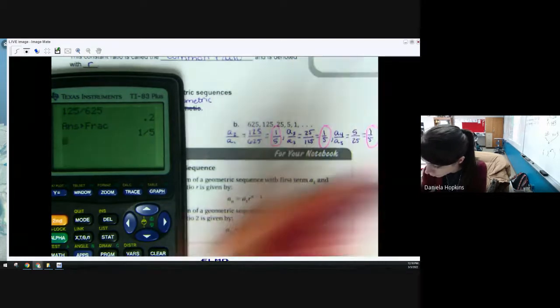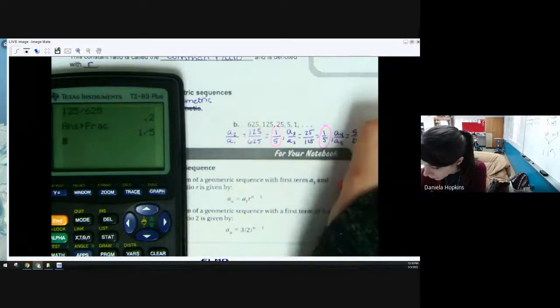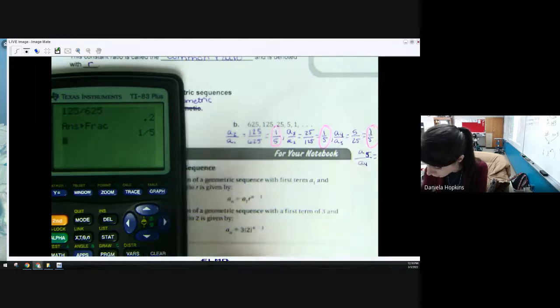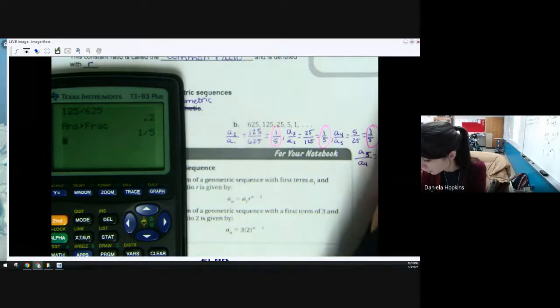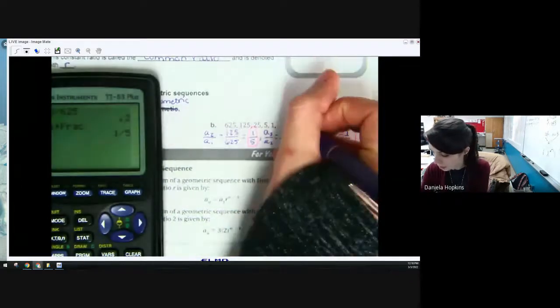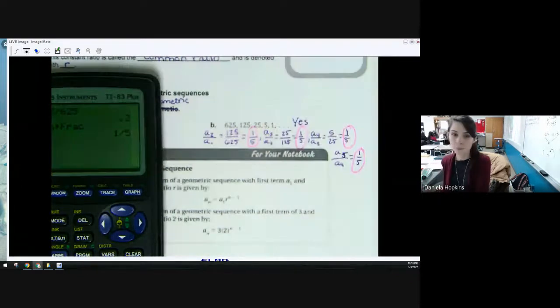Then I totally run out of room here. My last one will be a5 over a4, which is 1/5. It's already reduced. So is this a geometric sequence? Sure is. So my answer would be yes. Any questions on how to verify?